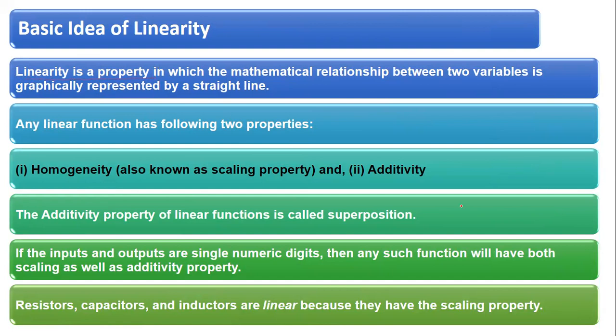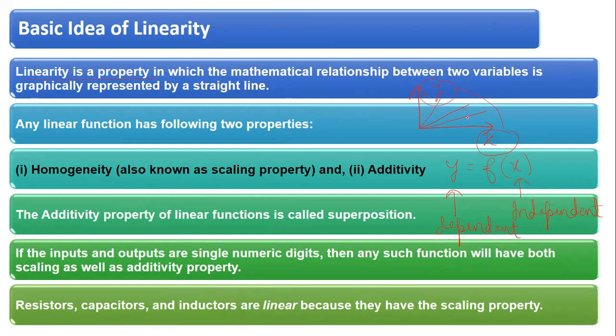Generally, what we think is that if the behavior of any system is indicated by a line, then we say that the relationship between these two variables, y and x, where y is a function of x, here x may be your independent variable and y is the dependent variable, right?